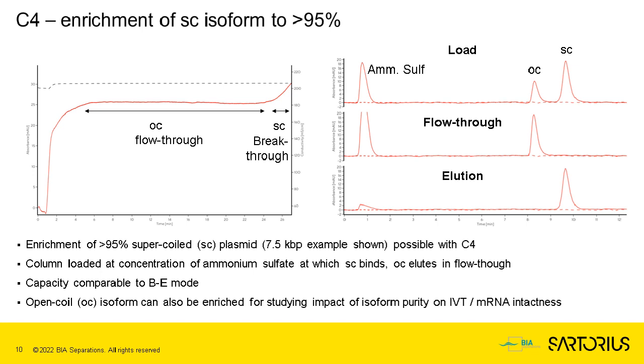And so I welcome actually an open discussion or a demonstration that percentage of open coil might affect the quality of mRNA produced. But if experimental data comes out to suggest that the purity of the supercoil needs to be as high as 95%, there are tools available to achieve that.